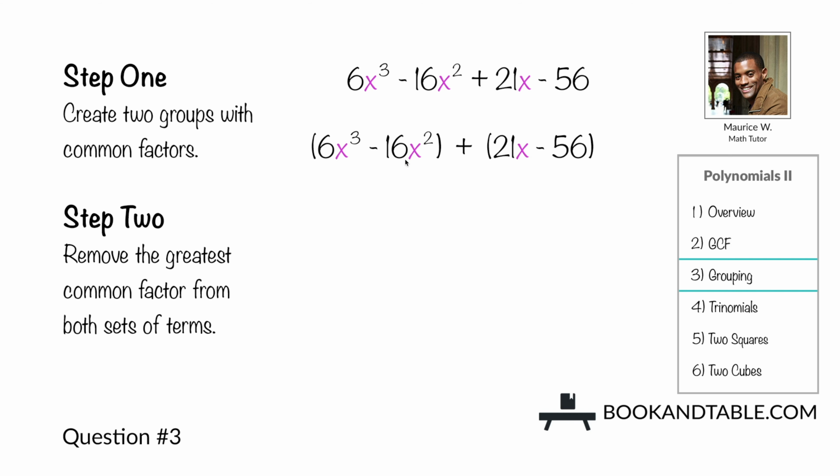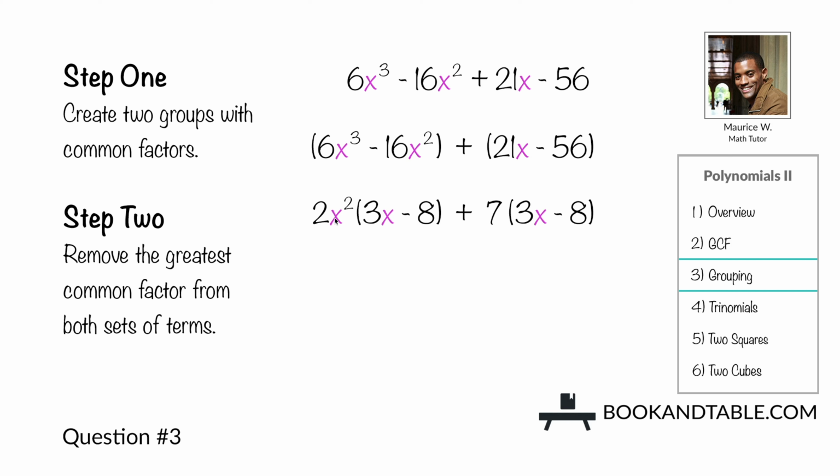6x cubed minus 16x squared. The coefficients have a common factor of 2. The variables have a common factor of x squared, giving us 2x squared on the outside. And the second factor would then be 6 divided by 2, which is 3.